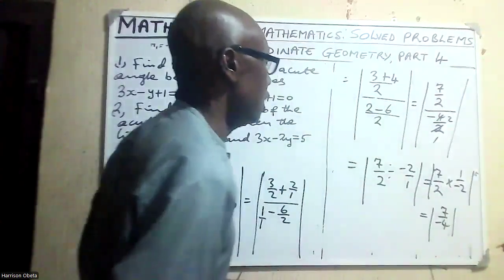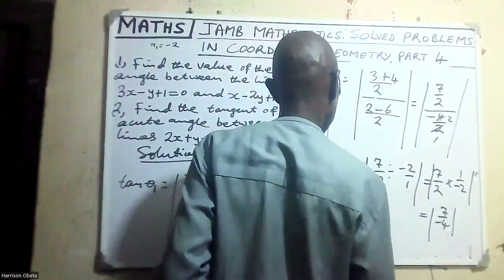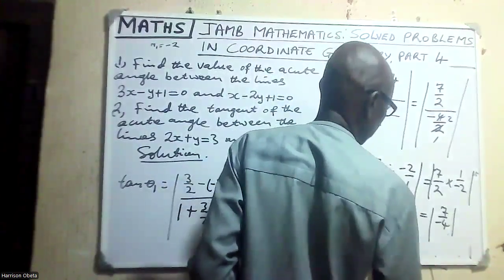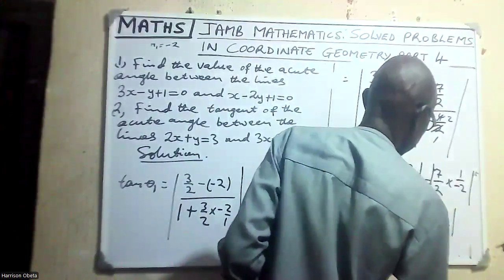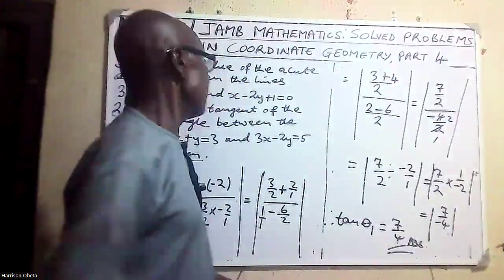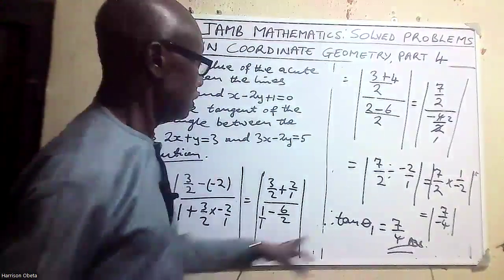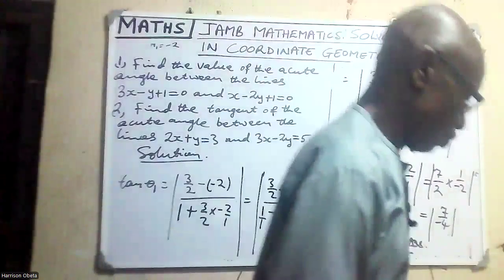Because it's absolute value, our final answer is therefore tan theta 1 is equal to 7 over 4. So the tangent of the acute angle between the lines is 7 over 4. That comes to the end of question number 2.